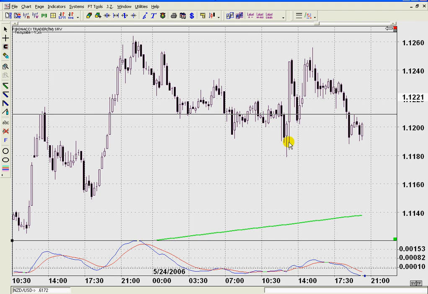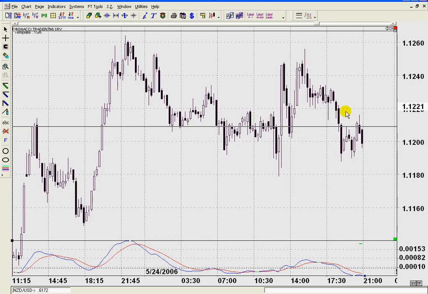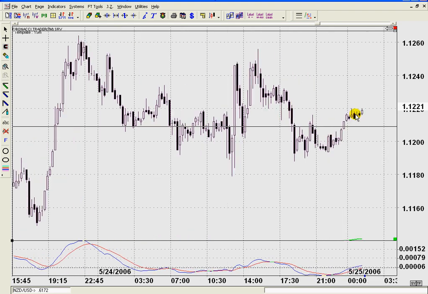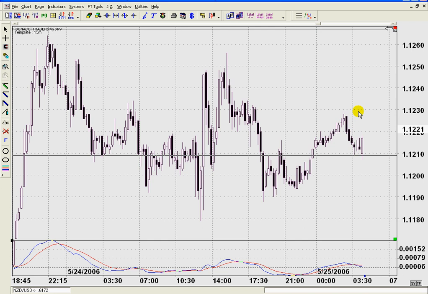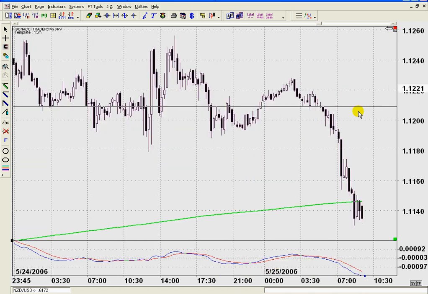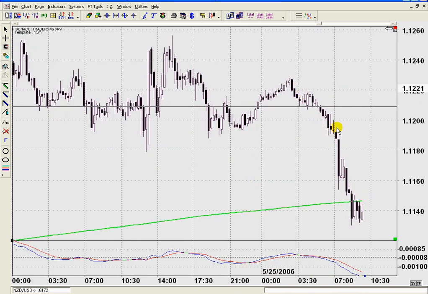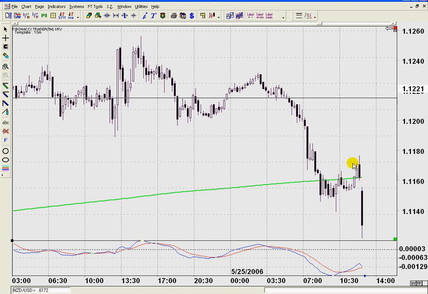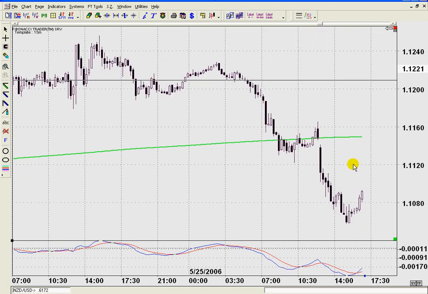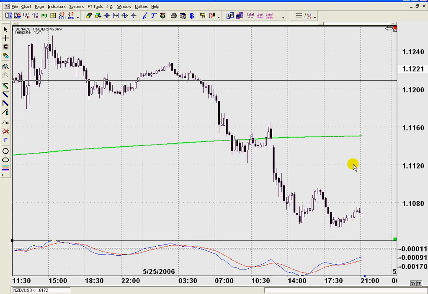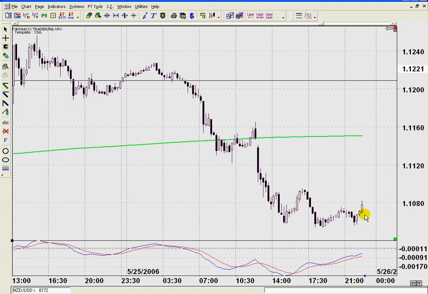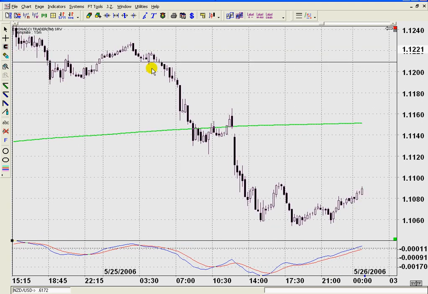Light liquidity pushed things up, and then we see some rejection here, and this is where we start to see the moves coming down to 110.80 and below and consolidating after absorbing a big move.